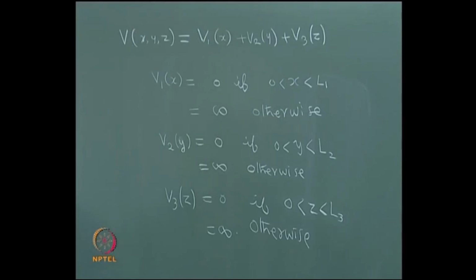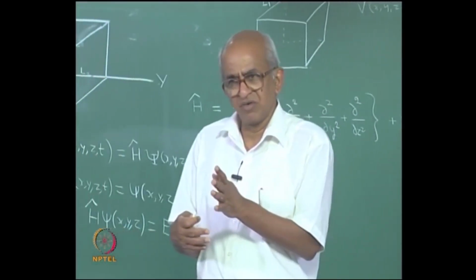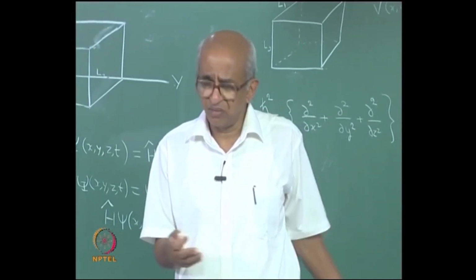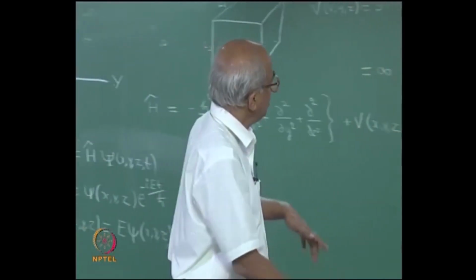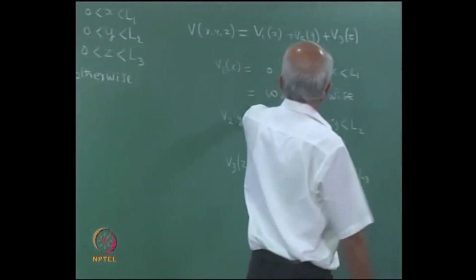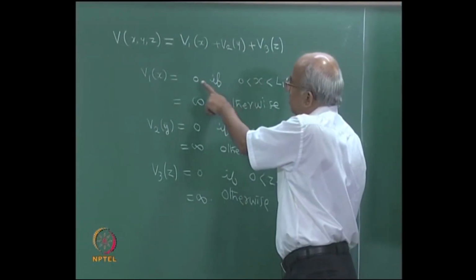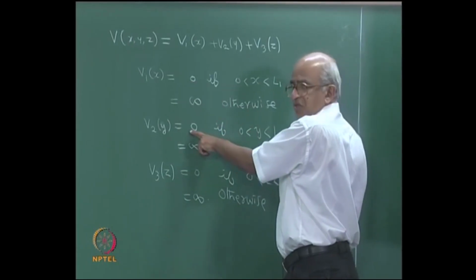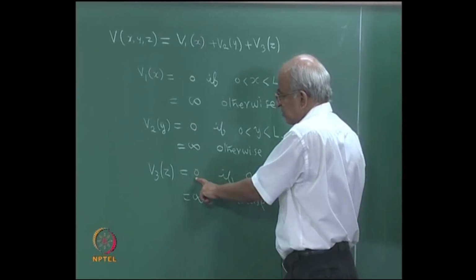So, all that I am saying is that the original potential may be written as a sum of 3 separate terms which are defined like this. Suppose the particle happens to be inside the box, then x will be between these limits and V1 will be 0, y will be between these limits, V2 will be 0, and z will be between these limits and V3 will be 0.